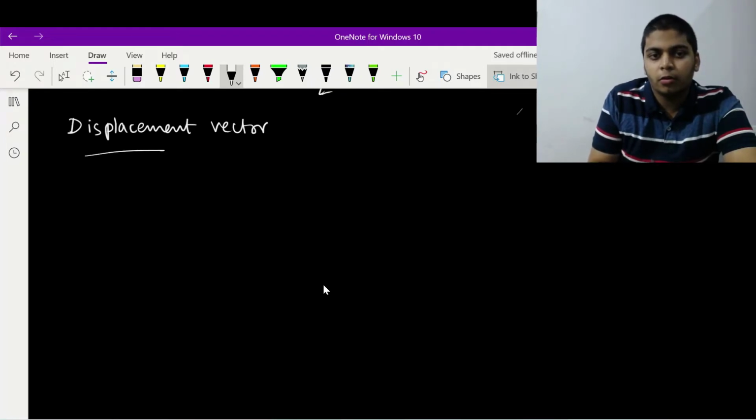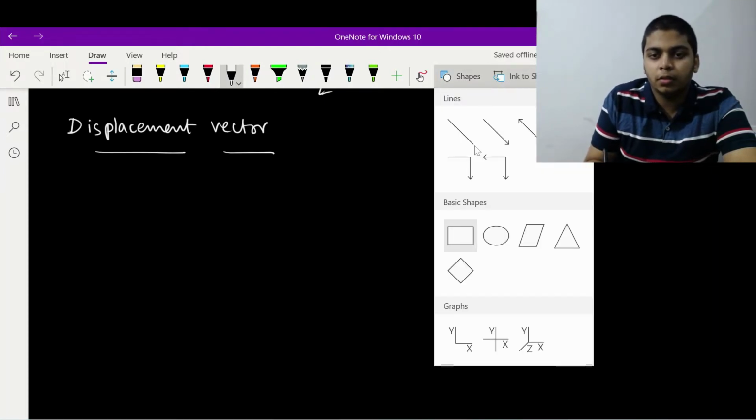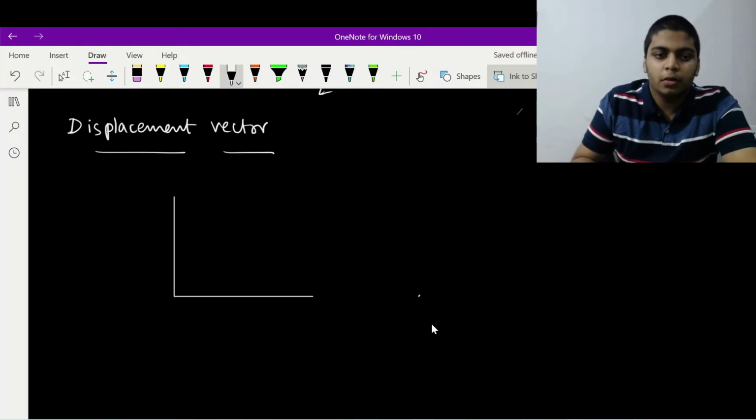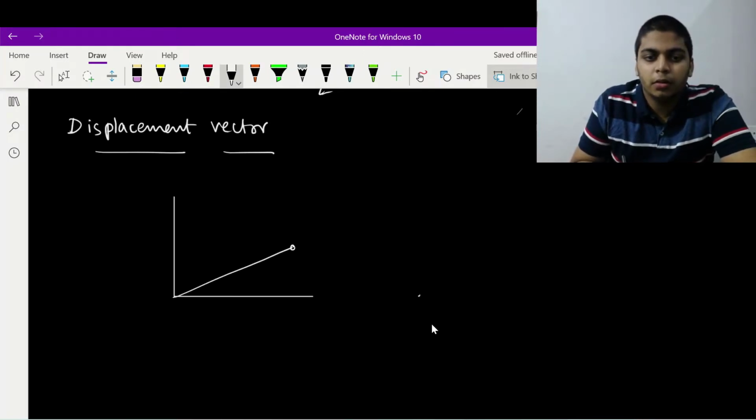In your two-dimensional coordinate system, if you have two position vectors in this manner, let's say this point is x1 comma y1, and this is x2 comma y2.